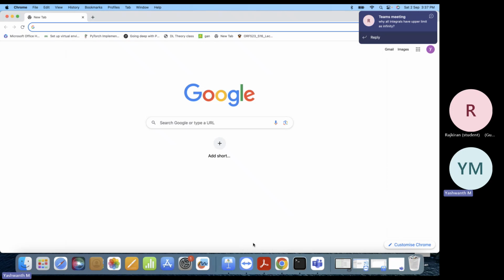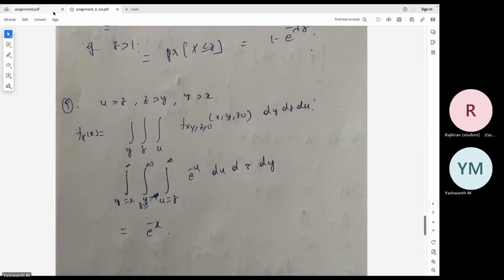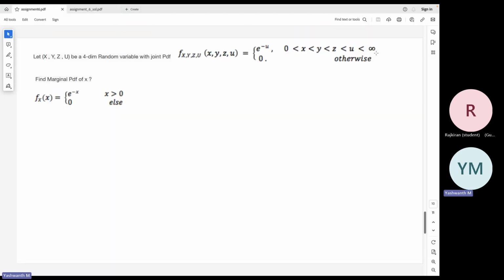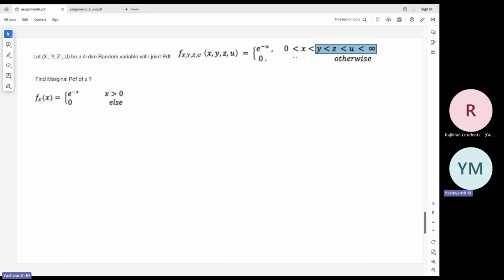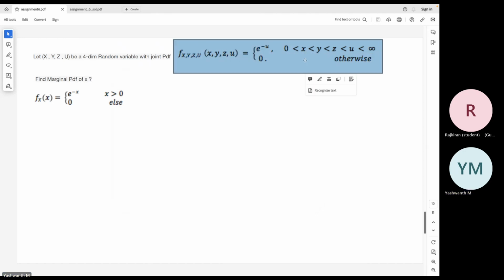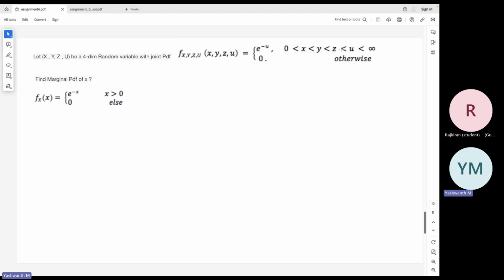Why all integrals to infinity? Because they are all lower bounded by 0 and among themselves. U is greater than z, z is greater than y, and y is greater than x.